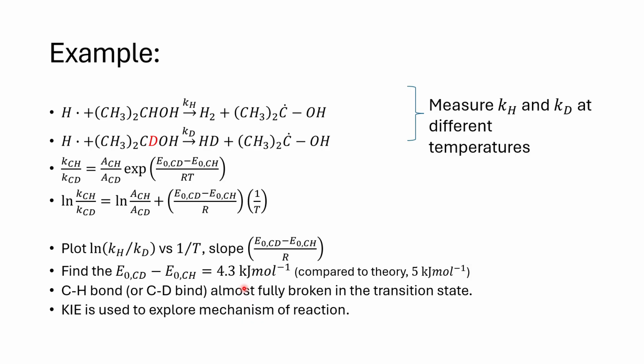So from here, it confirms that the bond breaking event in this experiment involves the bond breaking between the C and the H. So that is how we apply the kinetic isotope effect to explore the mechanism of a reaction.